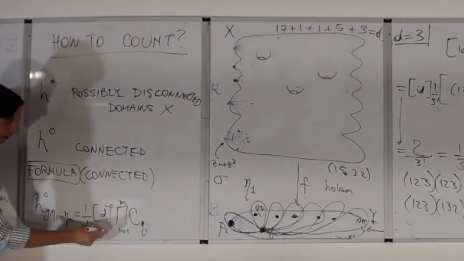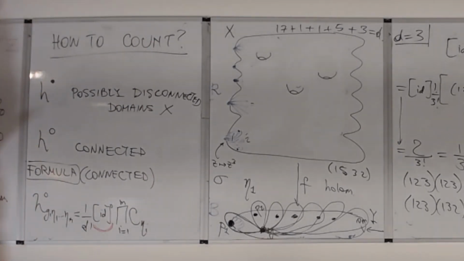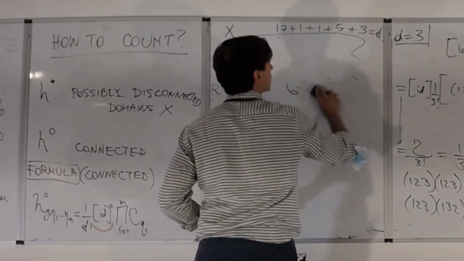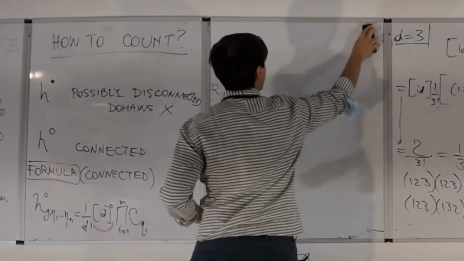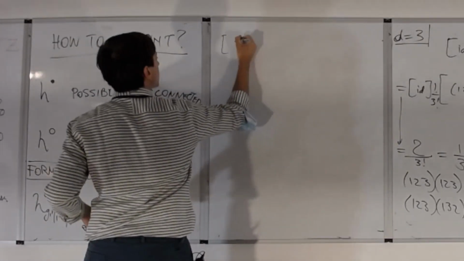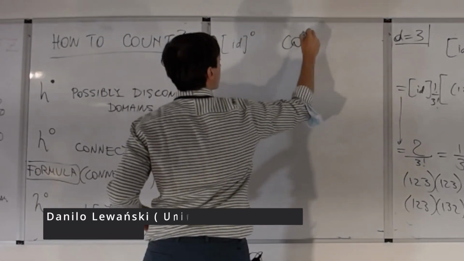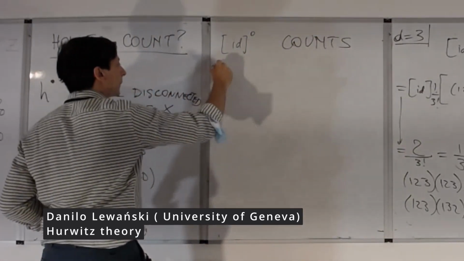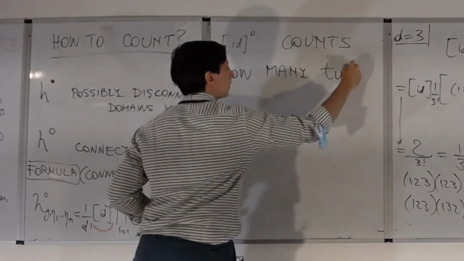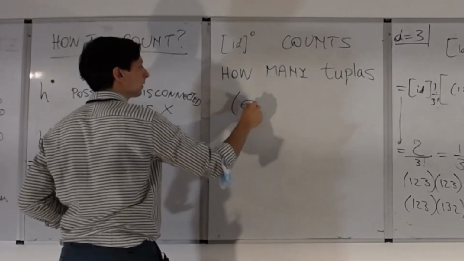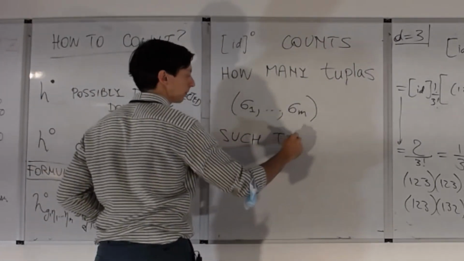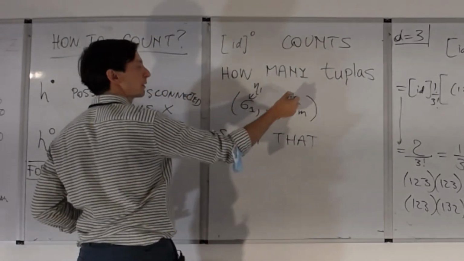This one here, now it counts identity, bullet, counts how many sigma 1 through sigma m such that this should be of cycle type eta 1, of course, and this should be of cycle type eta m.